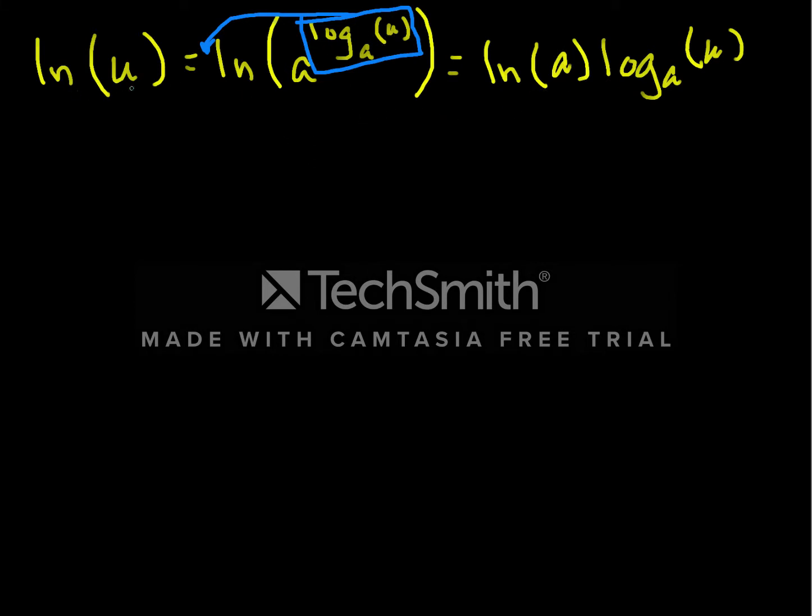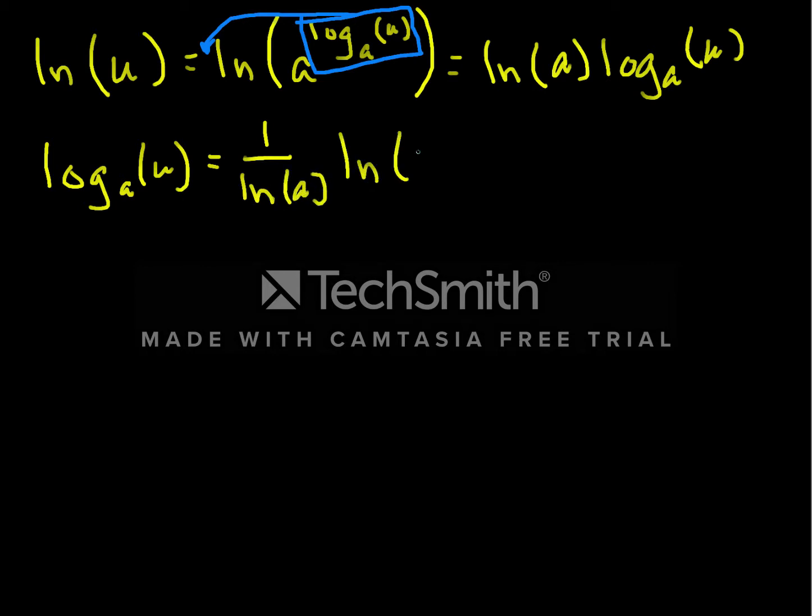All right, so the natural log of u is equal to natural log of a times log base a of u. Solving for this, I get that log base a of u is the same as 1 over the natural log of a times the natural log of u.